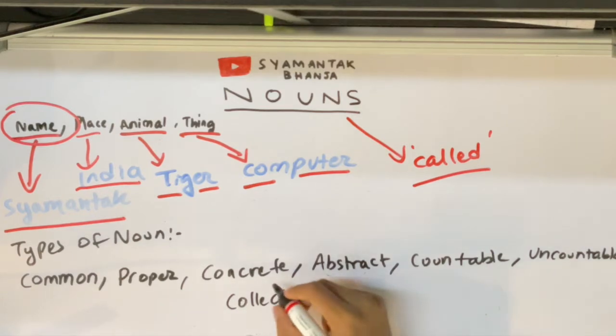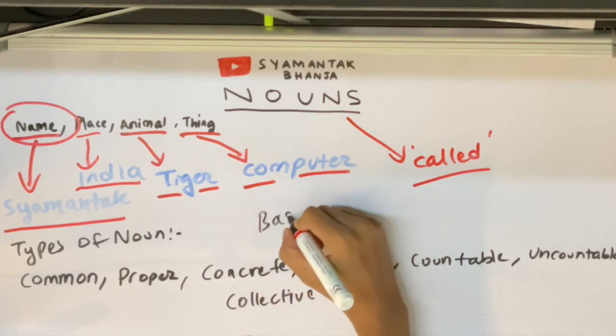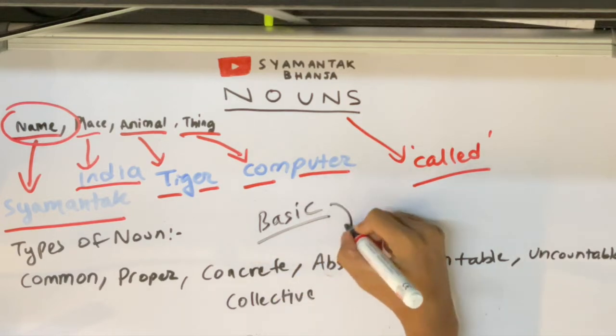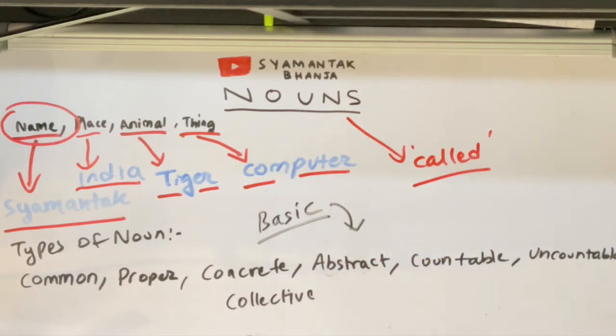These are the basic types. So now let's start with the types of noun.